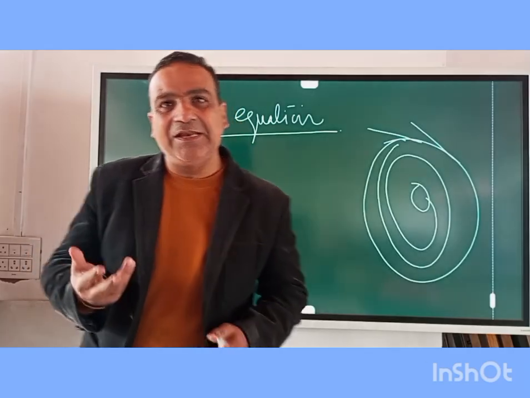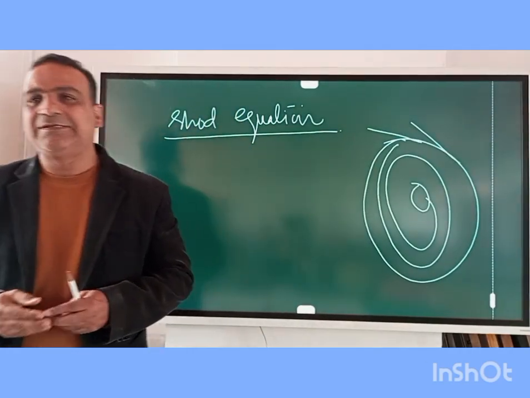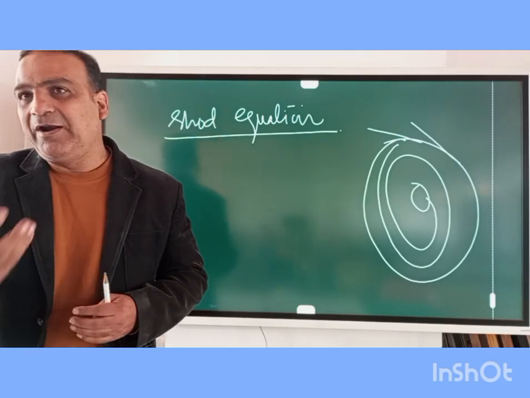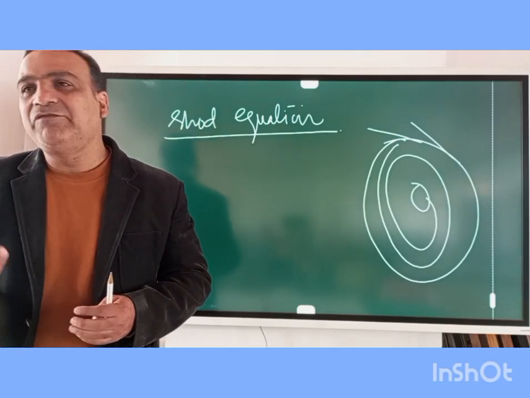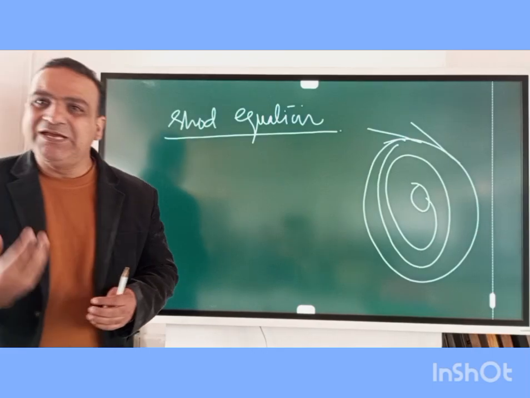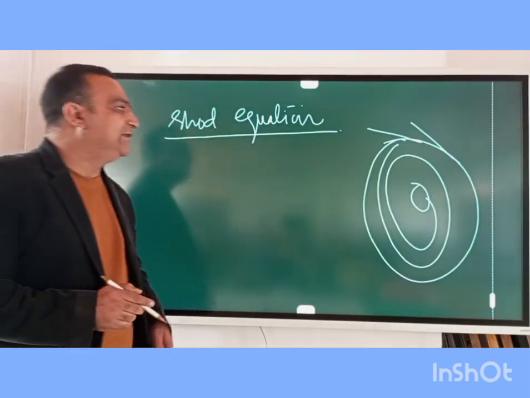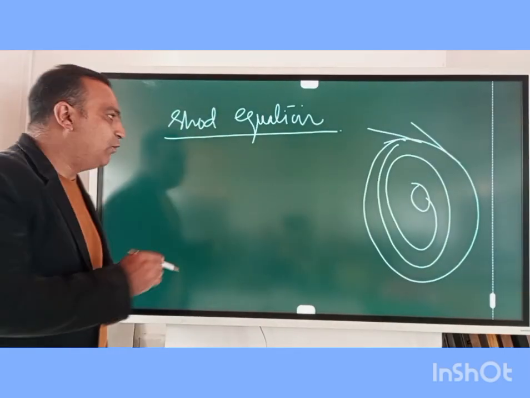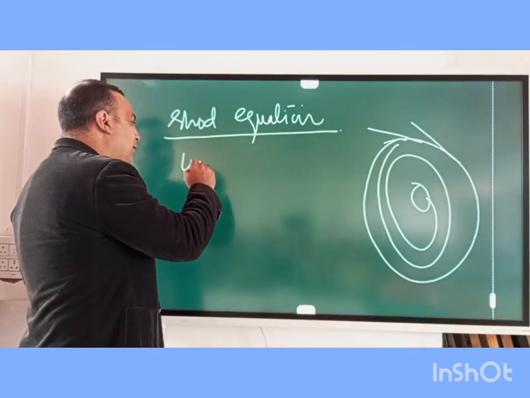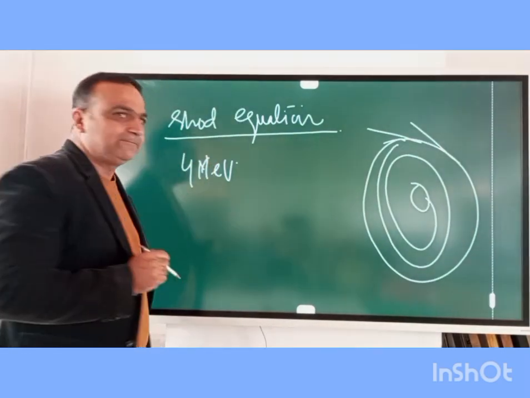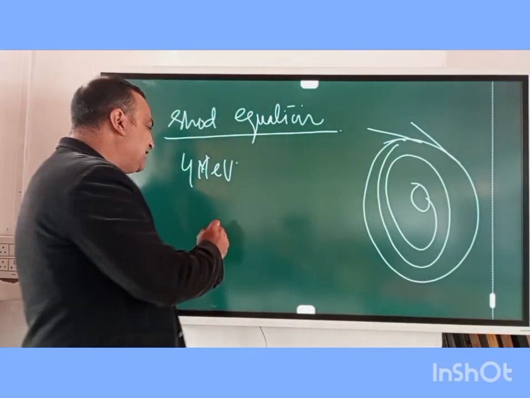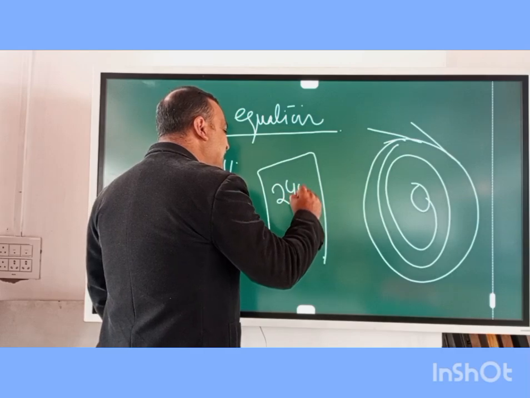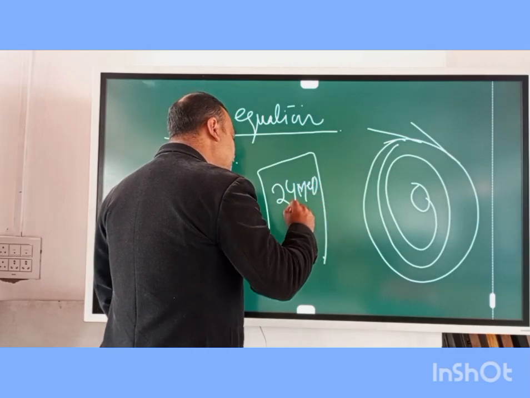There is another important problem, that is the theory of alpha decay. The alpha particle comes out of the nucleus. When we measure the energy of this alpha particle, it comes out to be approximately 4 mega electron volts. But the barrier this alpha particle has to cross is nearly 24 mega electron volts.